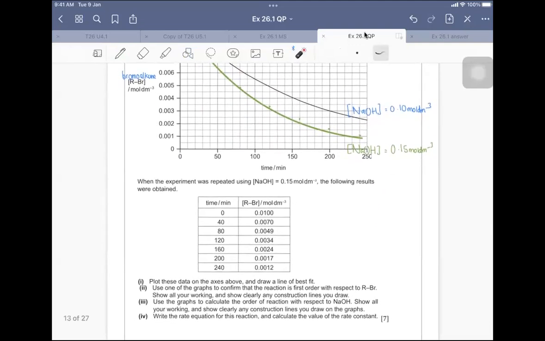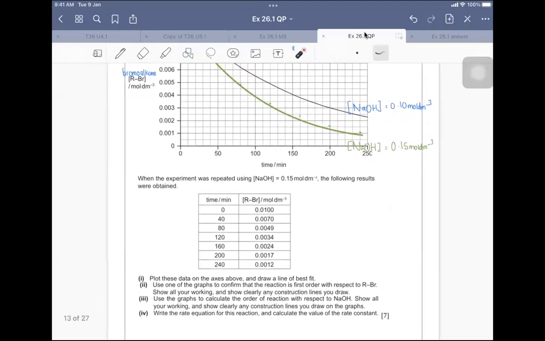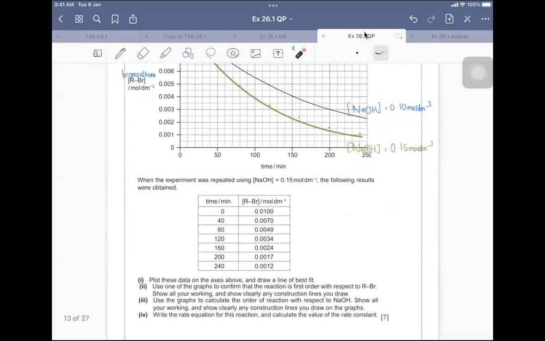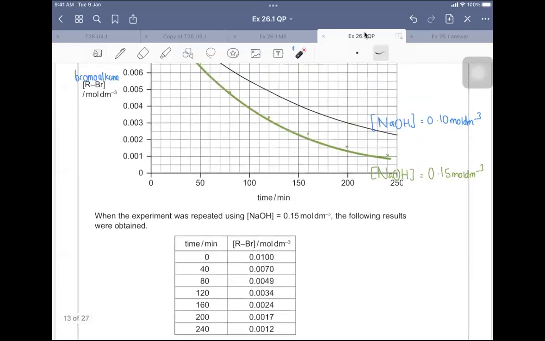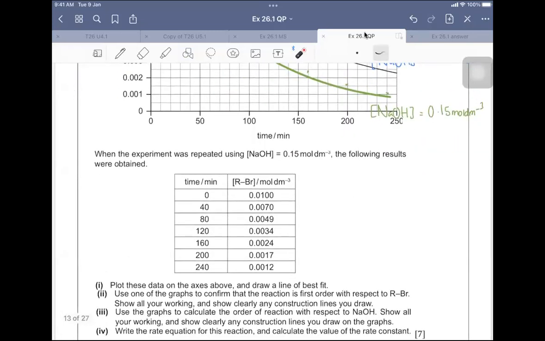Plot this data on the axis above and draw a line of best fit. Okay, we've done that. Use one of the graphs to confirm that the reaction is first order with respect to RBr. So they want us to use the graph, and this is a concentration-time graph.